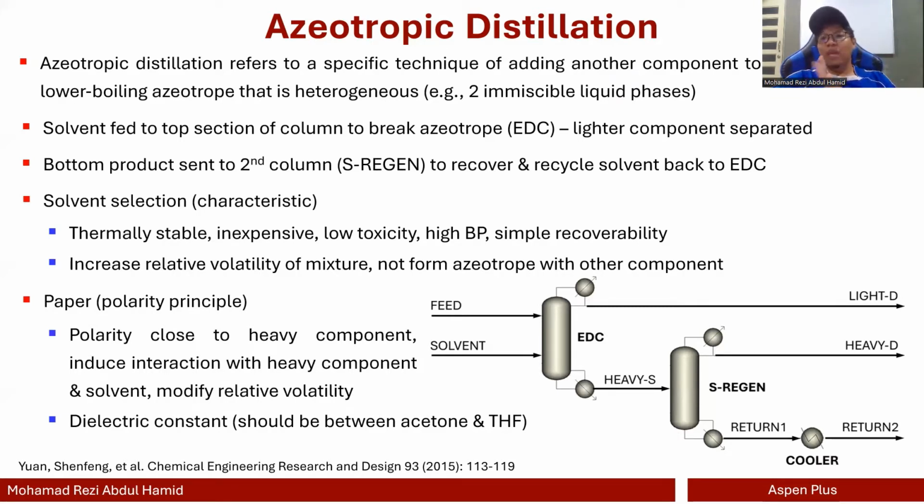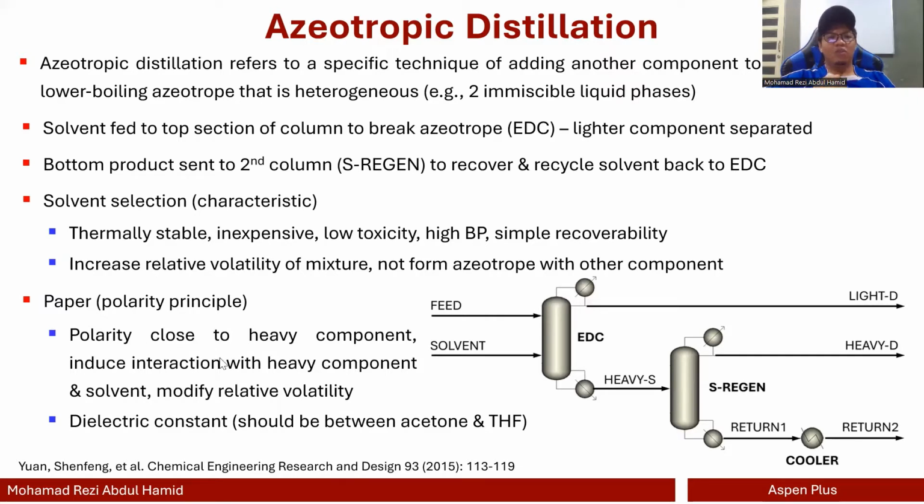Okay, we're talking about the paper that I got this design problem from. This paper, as I said, focuses on the selection of the solvent. So, of course, in addition to these characteristics of your solvent, they decide on what solvent to choose based on the polarity principle.